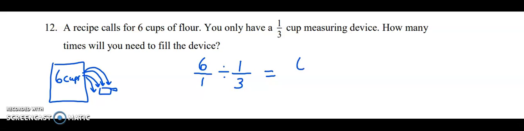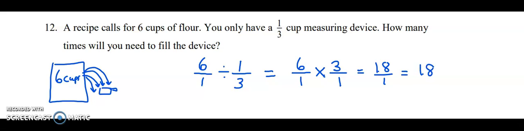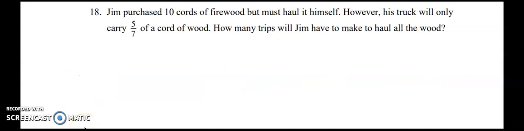Well, in order to determine the division, we're going to have to keep, change to multiplication, and flip to the reciprocal. And then we can see that we have 6 times 3 is 18. And 1 times 1 is 1, but we know we can remove the denominator there for a whole number. So we will need to fill that 1/3 cup measure 18 times in order to get the 6 cups that we need.